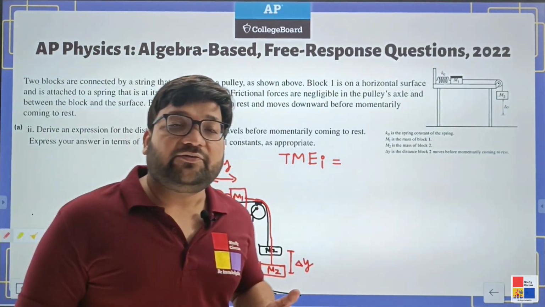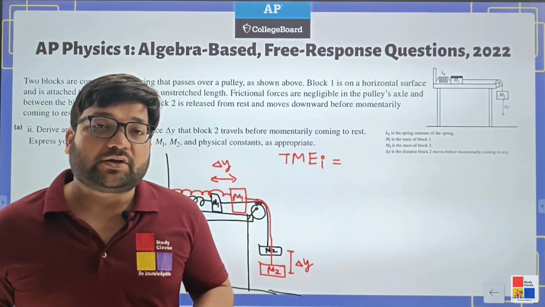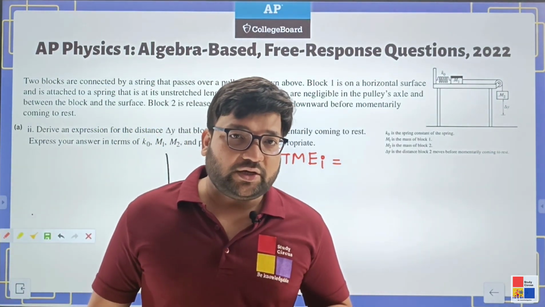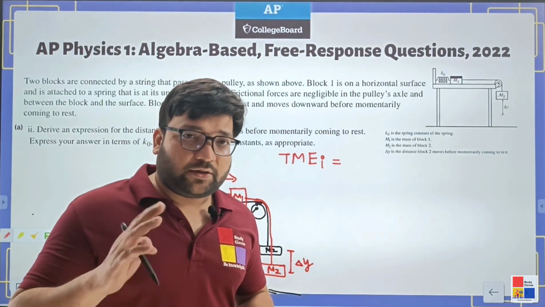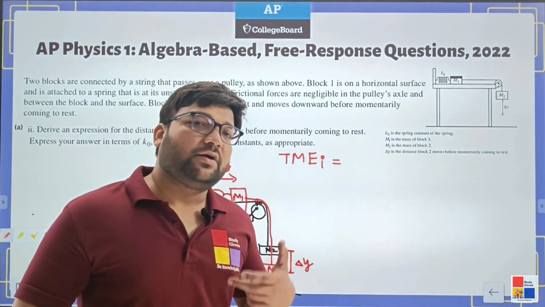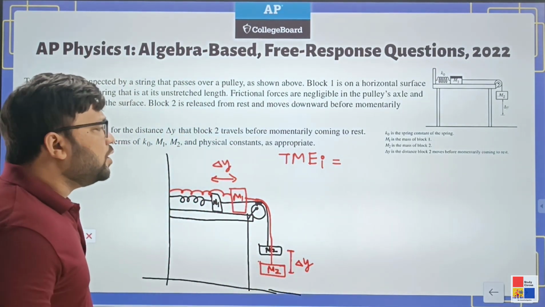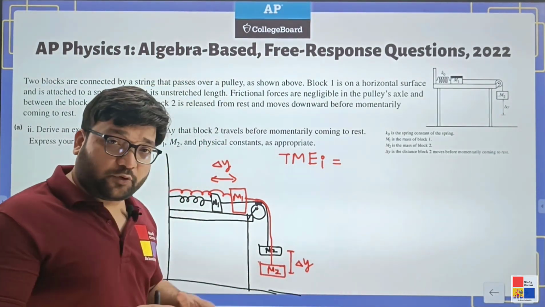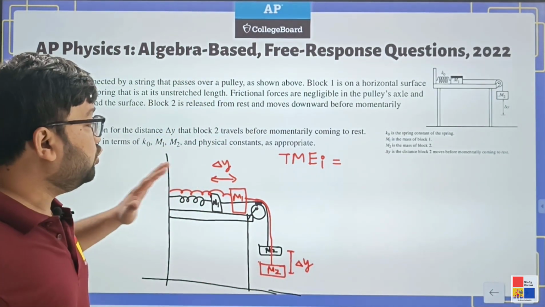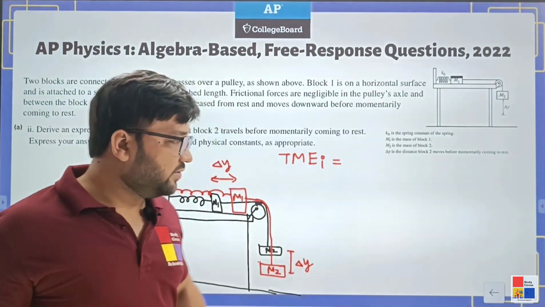What are non-conservative forces? Forces like friction, drag forces, viscosity. Work done by these forces is lost in the form of sound, heat, spark, and these things, right? So no such force is there in the system here, and there is no external force acting on the system also. So the total mechanical energy is going to be conserved.